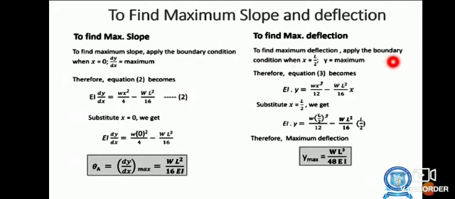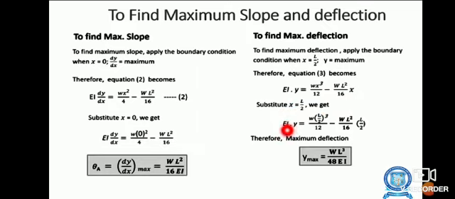Next, find the maximum deflection. Apply the boundary condition when x equal to L by 2, y is equal to maximum. Therefore, equation 3 becomes EI into y is equal to Wx cube divided by 12 minus WL square by 16 x. Substitute x equal to L by 2.